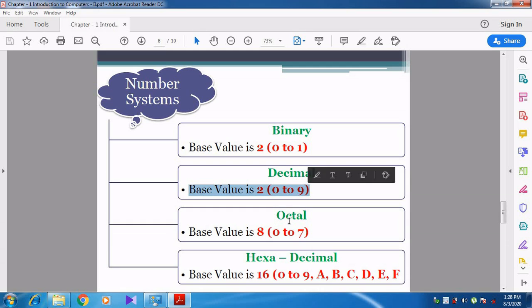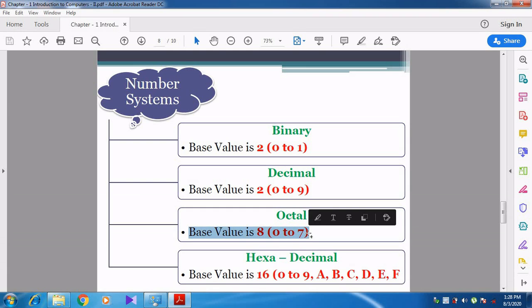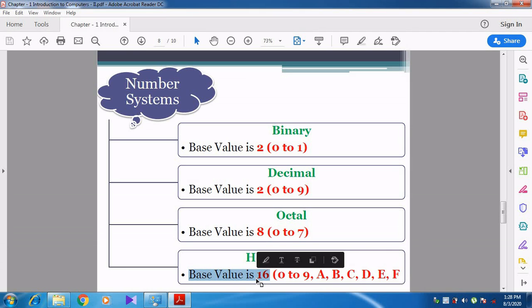Then what about octal? Octal means the base value is 8, that is 0 to 7. So the numbers are 0, 1, 2, 3, 4, 5, 6, 7. Like that, when I go to hexadecimal, it takes the base value as 16.